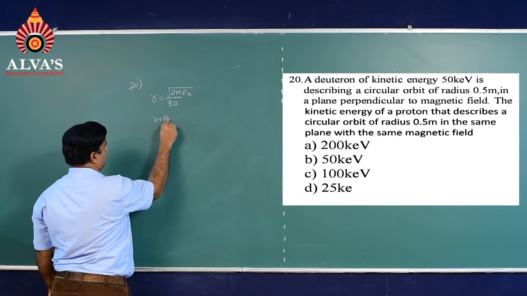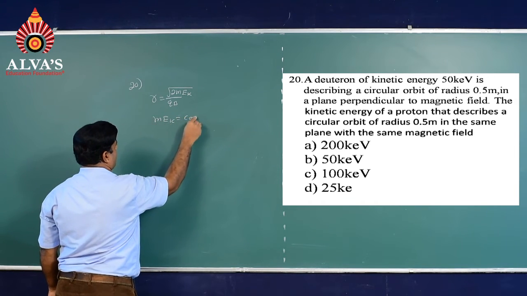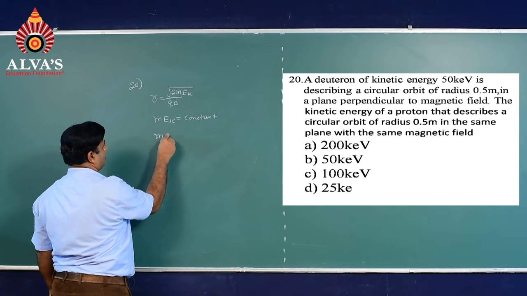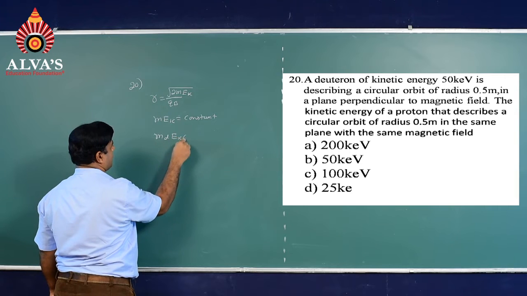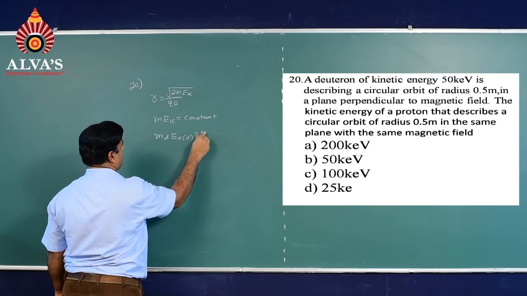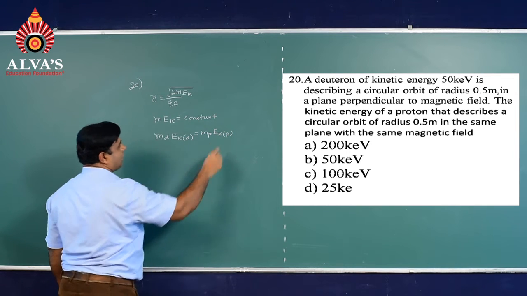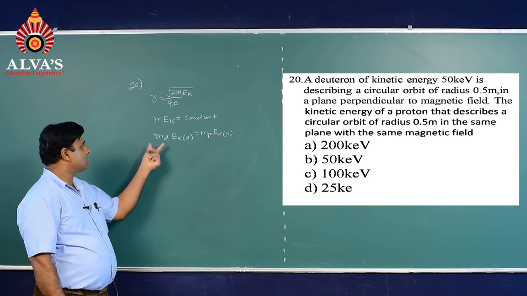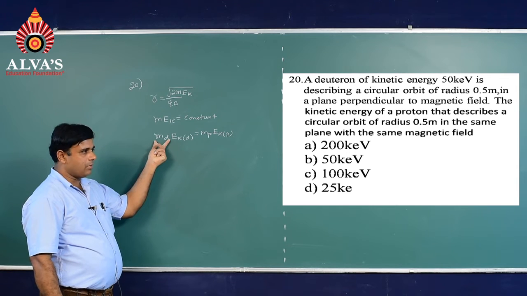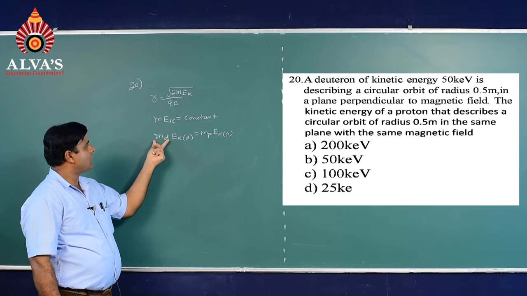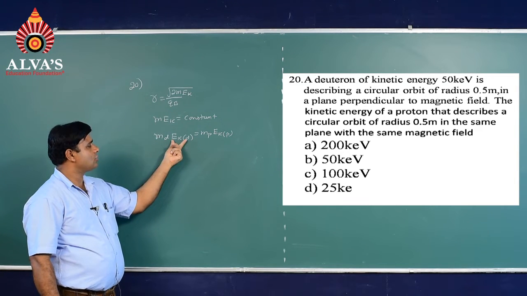So, m into Ek should be constant, implies mass of deuteron into kinetic energy of deuteron equal to mass of proton into kinetic energy of proton. Mass of deuteron is double the proton, therefore kinetic energy should be half of a proton. So, mass is double means kinetic energy should be half.